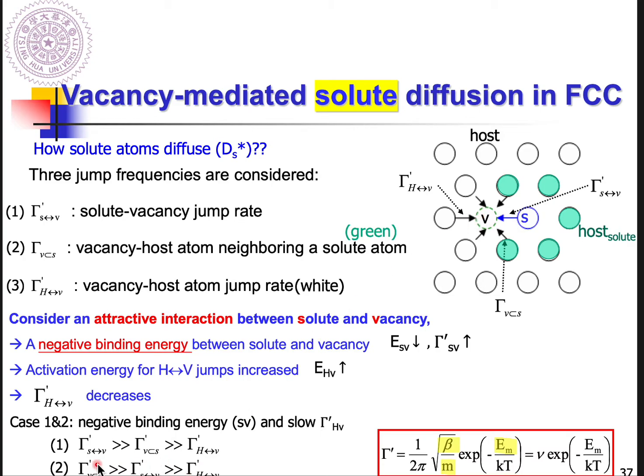And the second case will switch the order: the host atom nearby the solute atom jumping into the vacancy is higher than the solute atom jumping into the vacancy, and the slowest one is the host atom jumping into the vacancy. We are going to investigate, based on these two different cases, how to formulate the diffusivity for this solute atom.